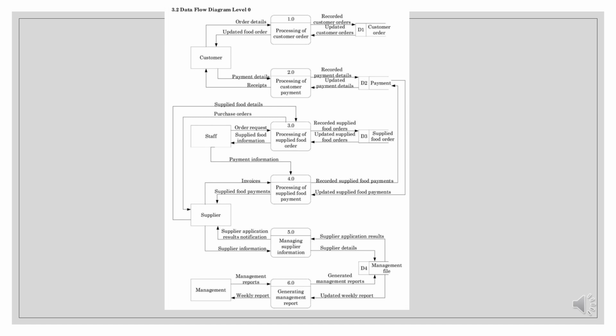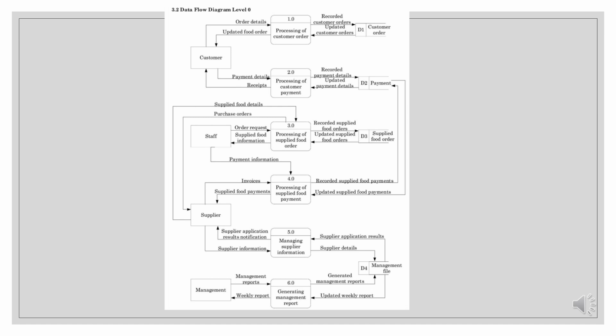The other output of the database 2 is update supply food payment to the process 4. Process 4 also gives an output which is recorded supply food payment to the database 2. For process 3, it has one output which is recorded supply food order to the database 3, and it also has an updated supply food order to the database 3.